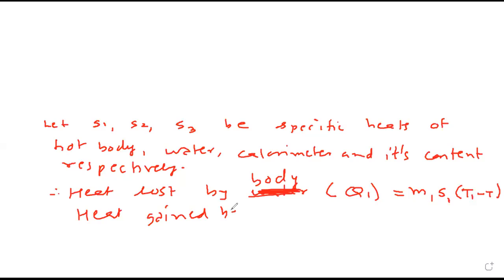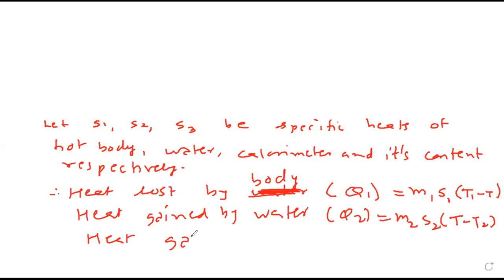Now heat gained by water Q2 is mass of water, specific heat of water, change in temperature of water. Water was initially at lower temperature, final is more. So final T minus T2, the initial temperature.